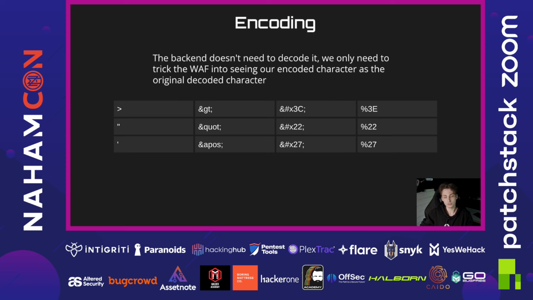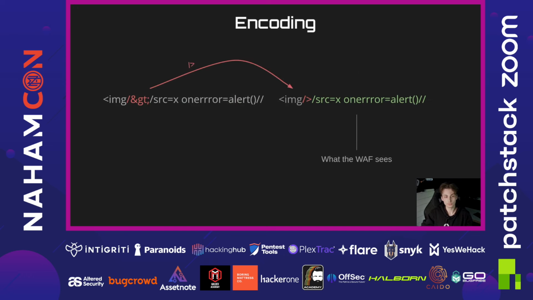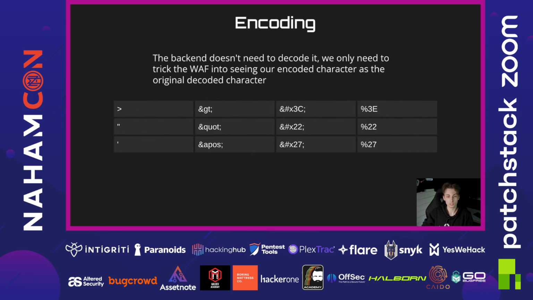The reason this is so effective in firewall bypassing is that the closing arrow doesn't technically need to be decoded. If it's not decoded in the backend application and the firewall sees it as the original value, then it bypasses the firewall, and because it's not decoded in the backend, it has no negative effect on the payload, right?